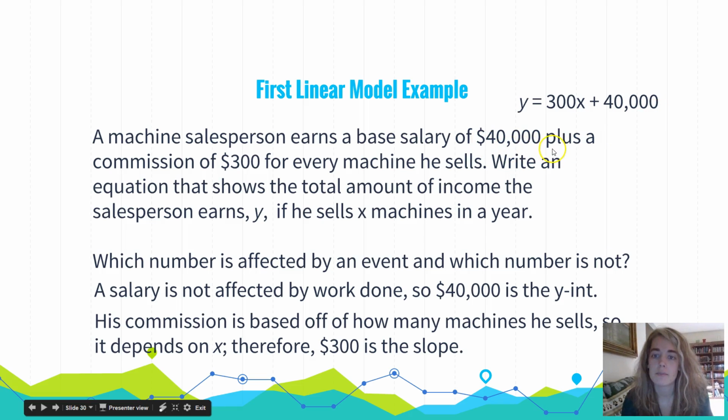So the money that the salesperson will make is equal to 300 times however many machines he sells, plus his base salary of $40,000. So if he sells 2 machines, put 2 right here, that would be $600 extra plus $40,000, so $40,600 in a year would be his y.